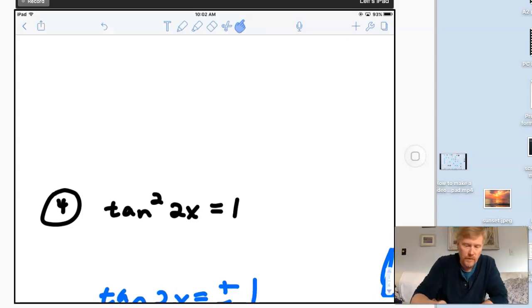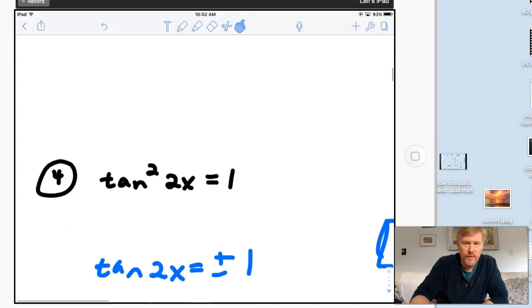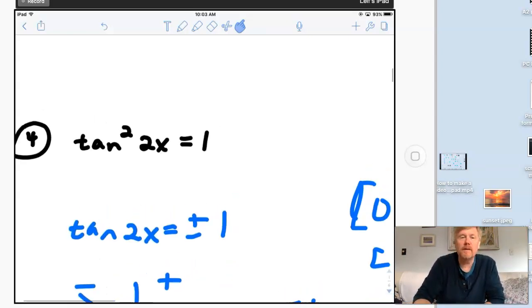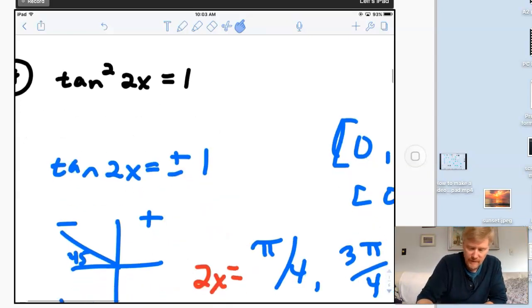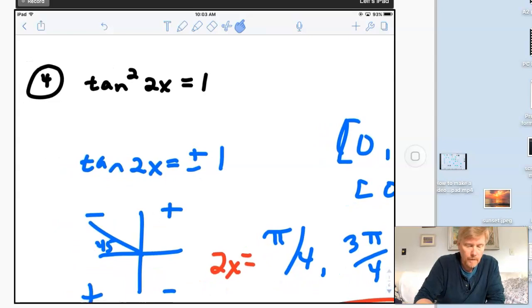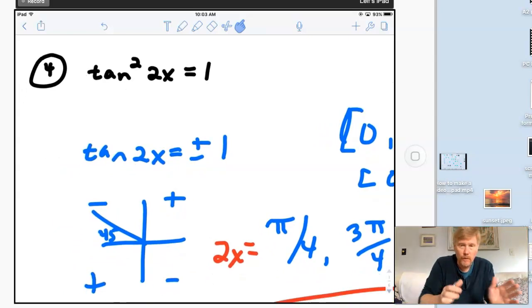So first thing I'm going to do, if I took the square root of both sides, I get tangent of 2x equals plus or minus 1. Next, so tangent being 1, that's a 45, 45, 90 triangle, and you will see quickly that the reference angle will be 45 degrees, and since it's plus or minus, I'm going to get all 4 quadrants going.